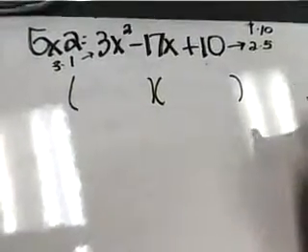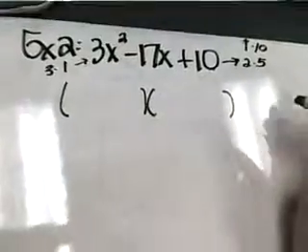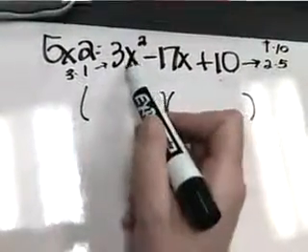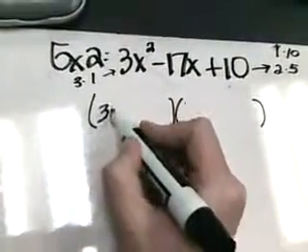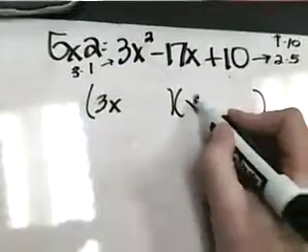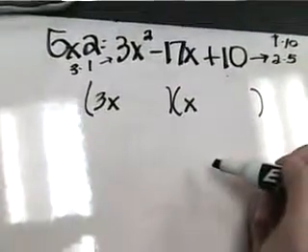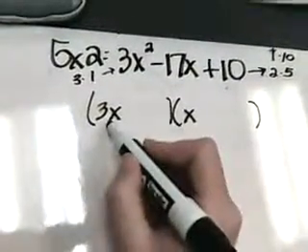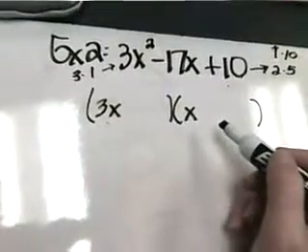If I have a choice, I throw in the ones that I know don't have an option, meaning I have no other option here except 3 and 1 for 3. He only has one set of factors. So I go ahead and put him in 3x and 1x. 3x times x is 3x squared. So he's my only option there. Granted, I could have changed their order. I could have put x here and 3x here, but the numbers aren't going to change.